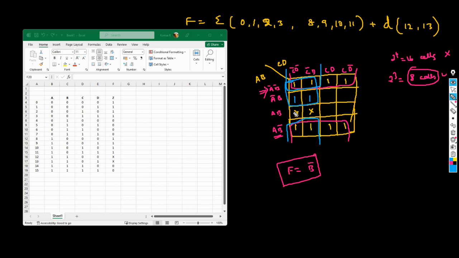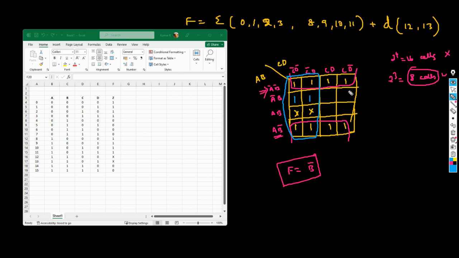But because of this don't care, what you can probably do here is actually group all these eight. So if you really want to make use of it, if it is going to help you in optimizing your circuit, then you can include them. Otherwise, I will not bother about them because they are anyway don't cares.